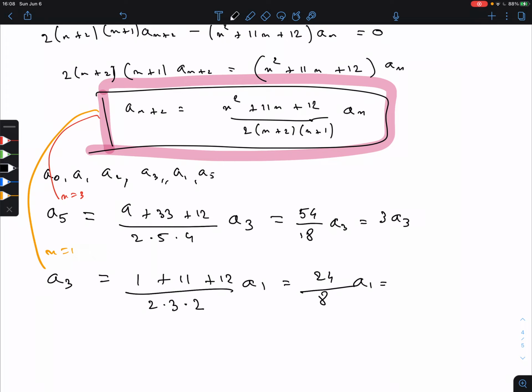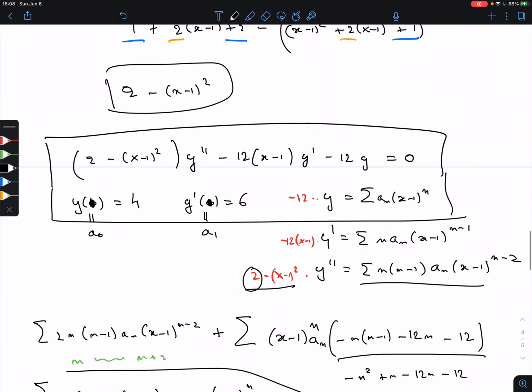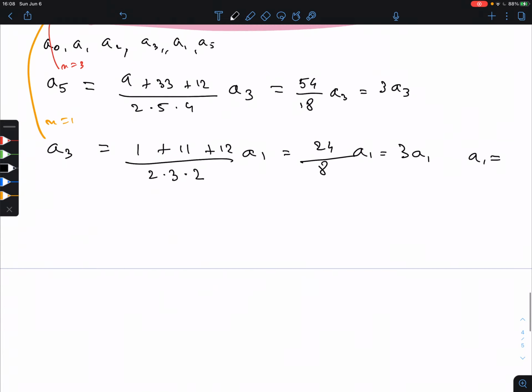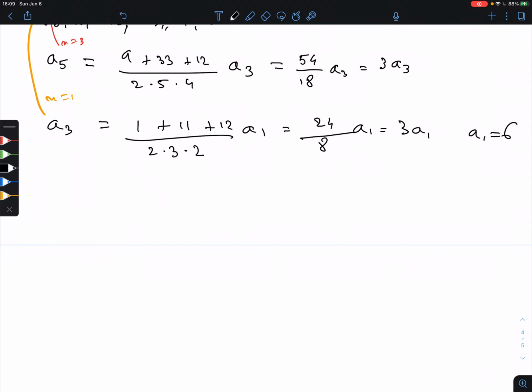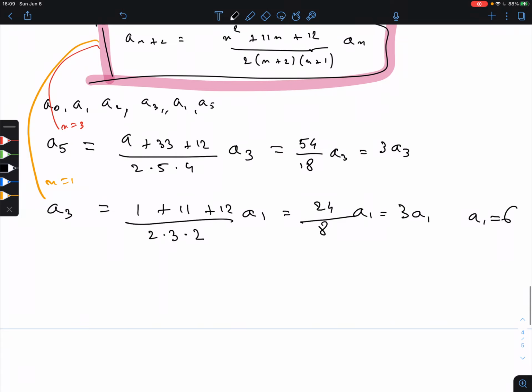There's an A1 there, don't forget, it's 3 times A1. And now we are done because we know that A1, remember, that was the initial condition, and I said this is given just as the derivative at the center, so this was 6. So if A1 is 6, then I can calculate A3. So this means that A3, from this, I get now that A3, so now I'm going the other way around, right?